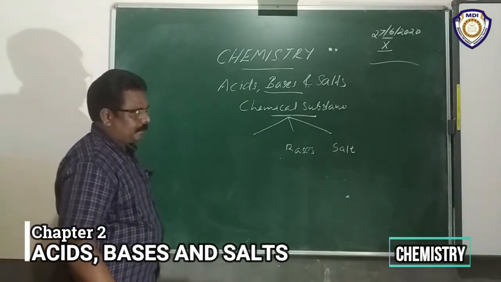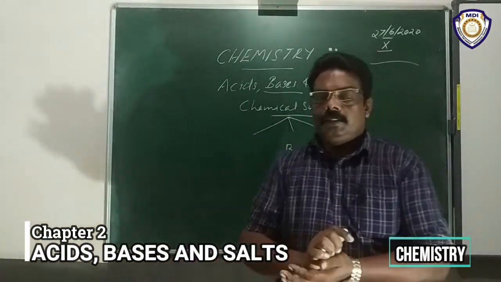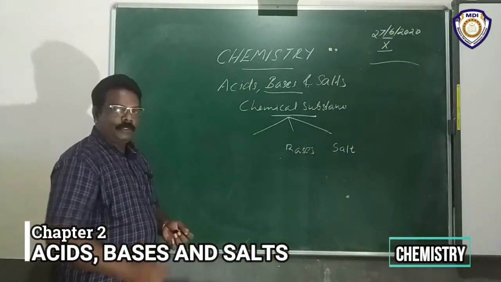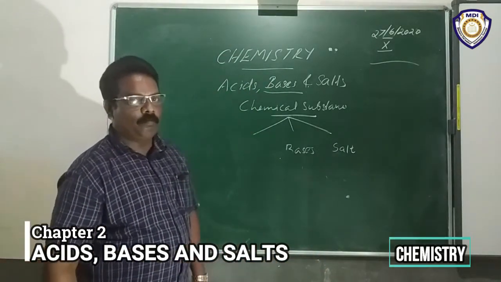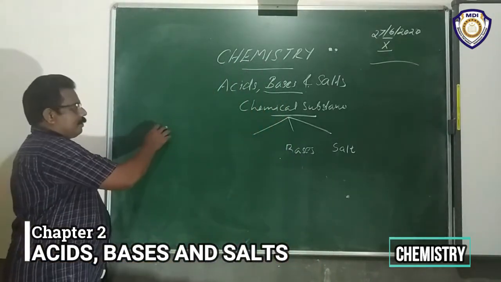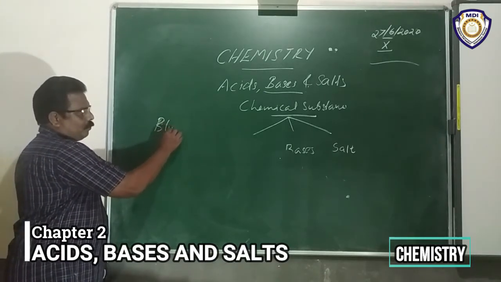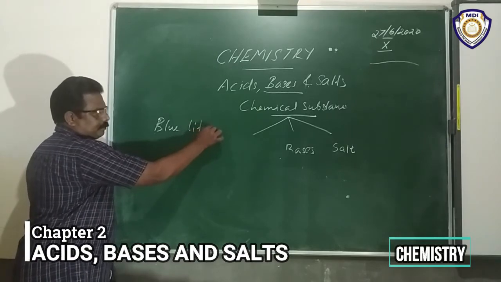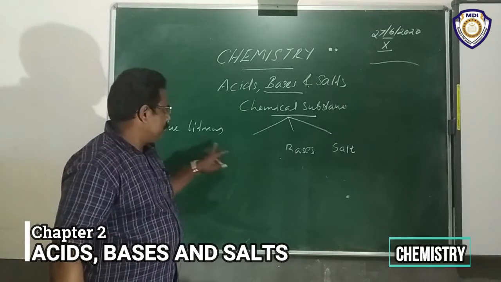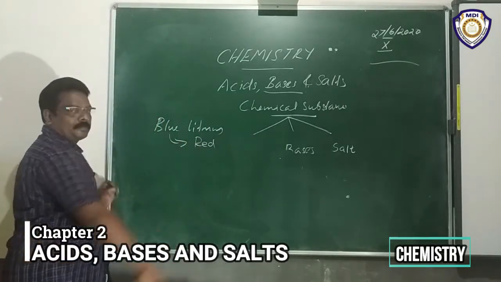Next you have to look at some other properties of acids. There is the action of litmus paper. You know what is a litmus paper? They are blue and red in color. In your lower classes you studied, when a blue litmus paper is dipped in acidic solution, what happens? The blue color is changed to red.